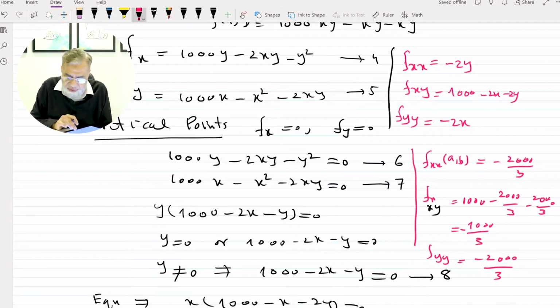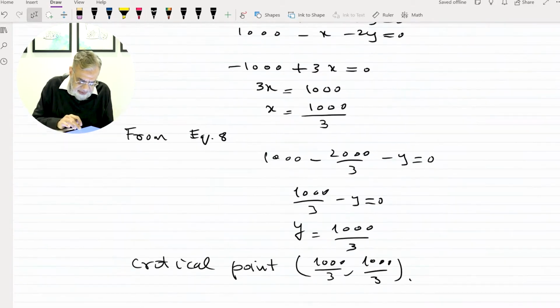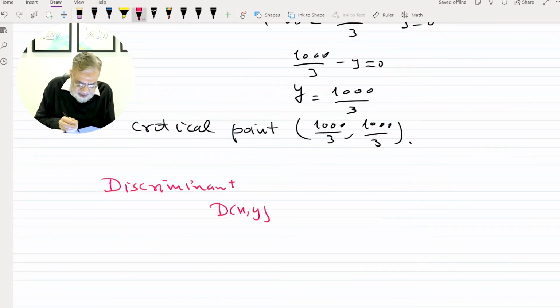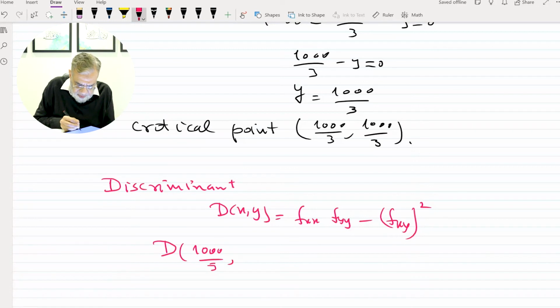So the discriminant of the function, D of xy, is equal to f of xx times f of yy minus f of xy whole square. I've already calculated the value of the function at the point 1000 by 3. This is my critical point, only one critical point, 1000 by 3.